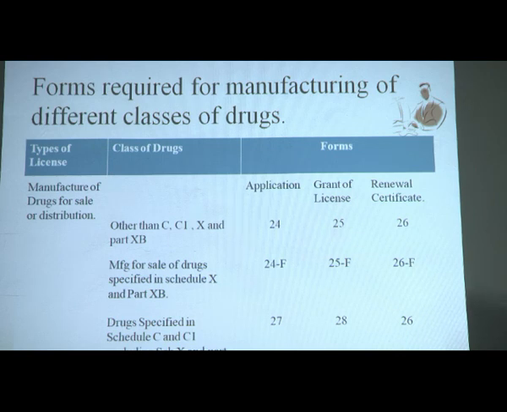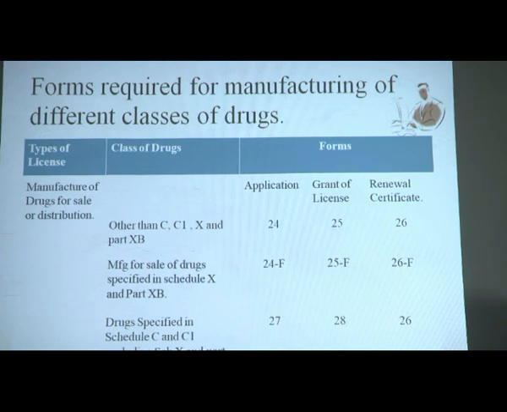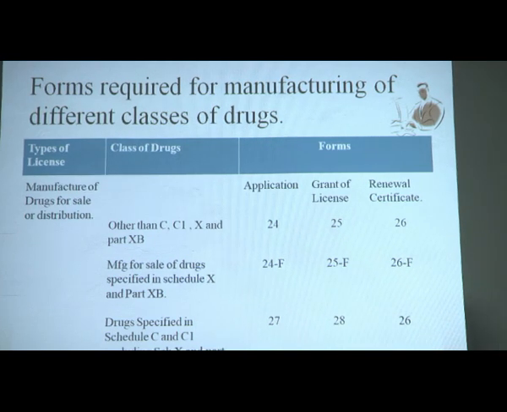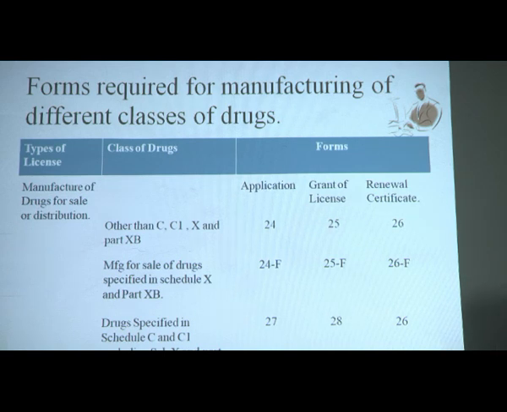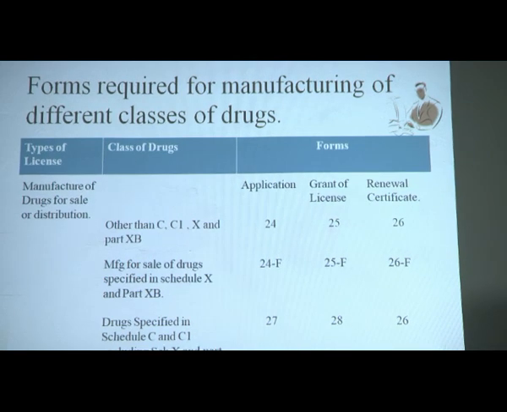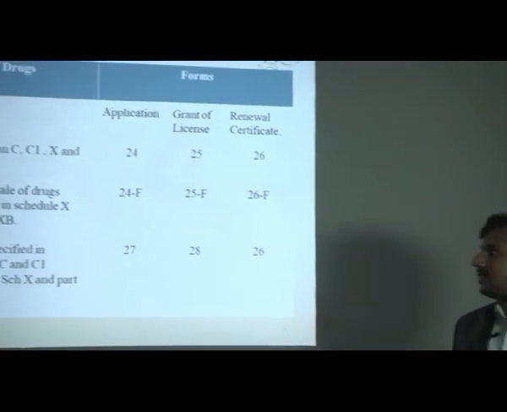Then a loan license for the manufacturing of drugs, as well as the repacking license in case of repackaging. So in the first, that is manufacture of drugs for sale or distribution, for a grant or renewal of a license for drugs other than C, C1 and X, as well as Part XB, the application shall be made in Form 24.